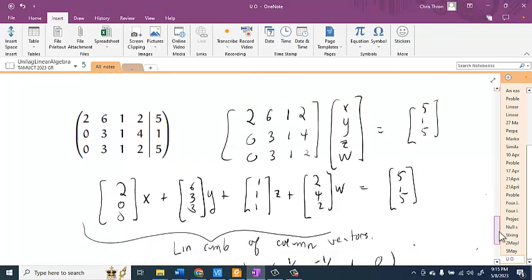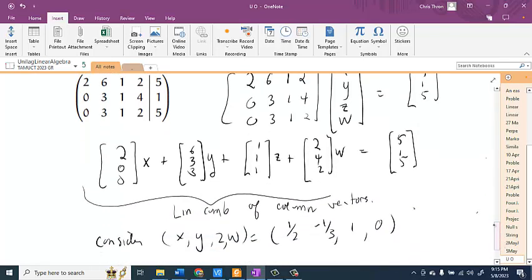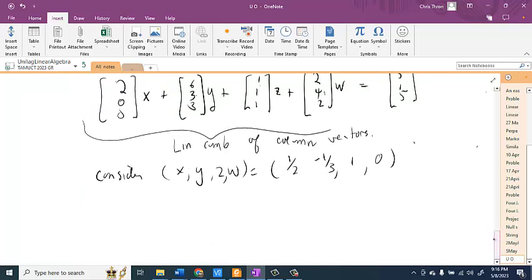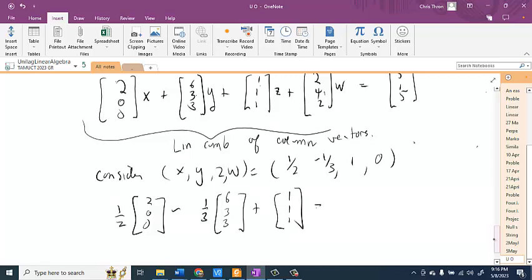What that means is that 1/2 times the first vector minus 1/3 times the second vector plus 1 times the third vector plus 0 times the fourth vector is equal to 0. So this gives me a non-trivial linear combination of these vectors. This gives me 1/2 times (2, 0, 0) minus 1/3 times (6, 3, 3), and you can verify this, plus 1 times (1, 1, 1) is equal to (0, 0, 0). Okay?